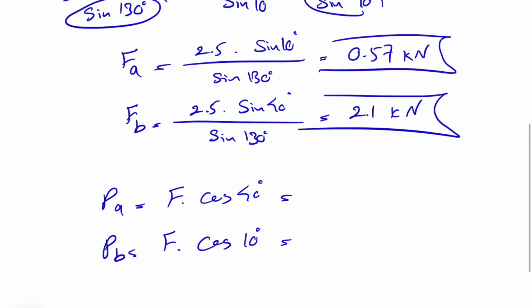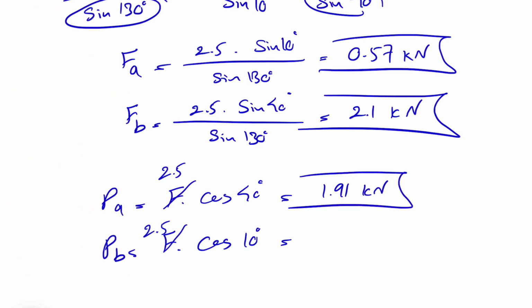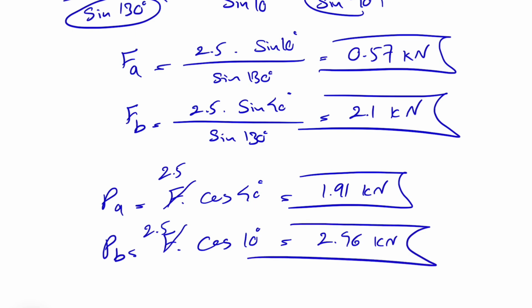So if we calculate each of these, we know F again is 2.5 kilonewtons, and we'll get 1.91 kilonewtons for PA, and PB will be 2.46 kilonewtons, and that would be the final answer for the second part of the question where we needed the projections.